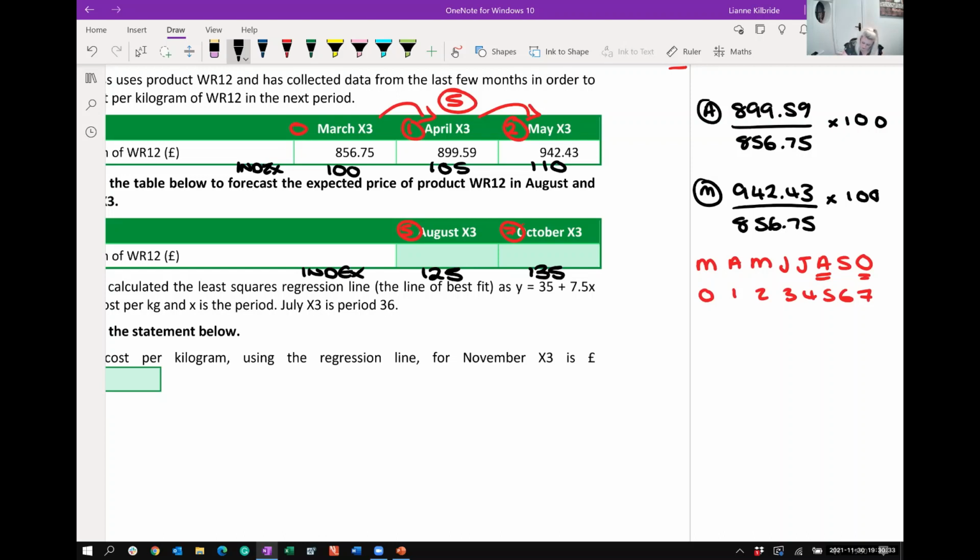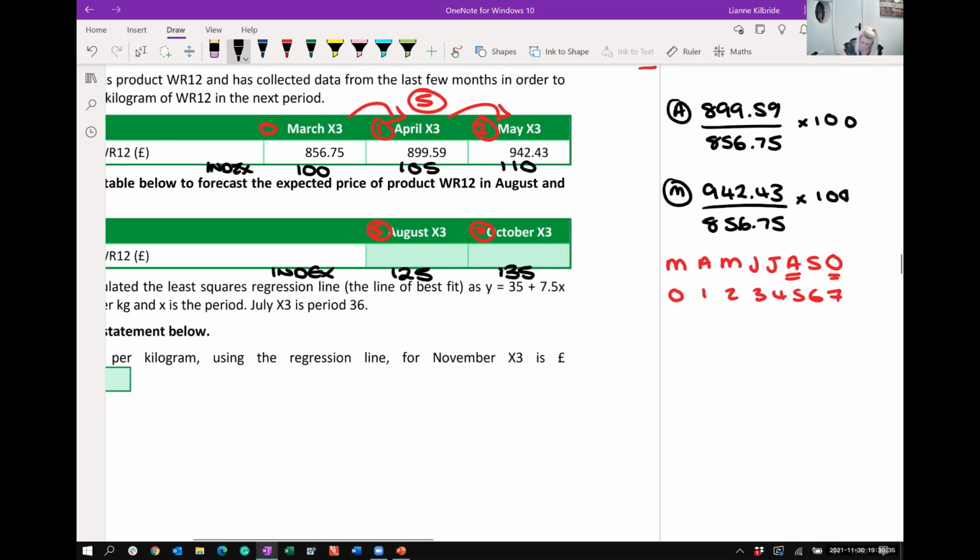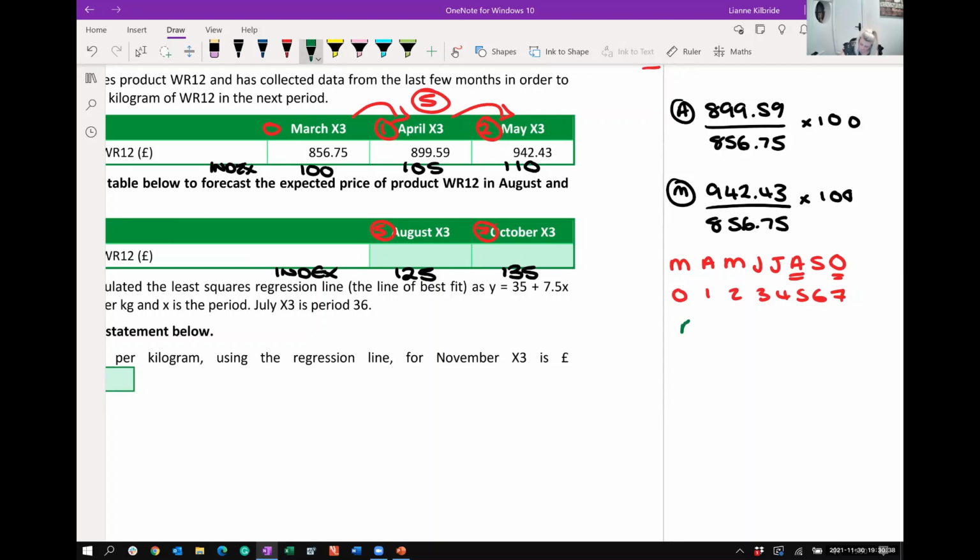For August, you've got a current index of 125. You divide that by the base index of 100 and then multiply it by the base cost, which is 856.75.